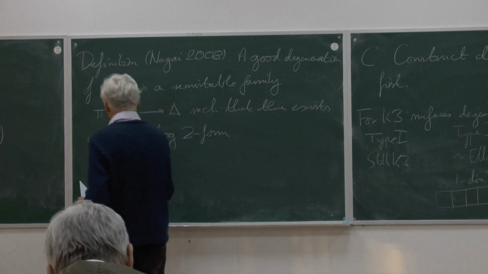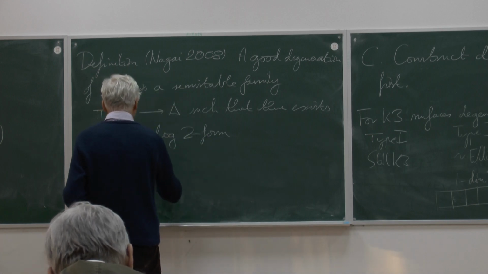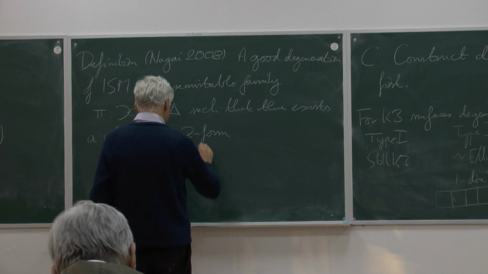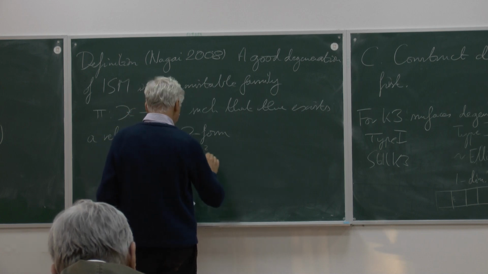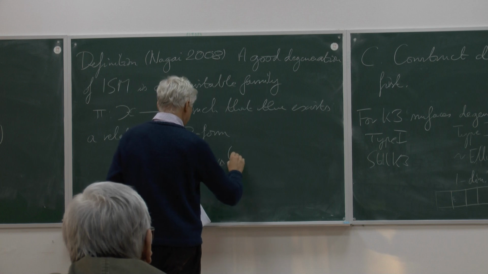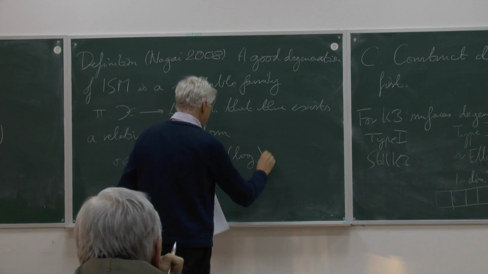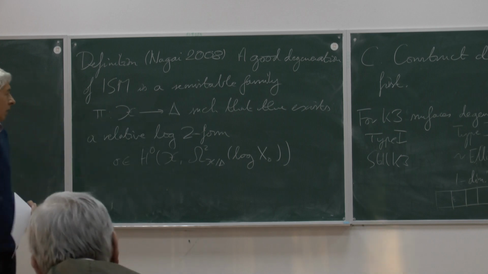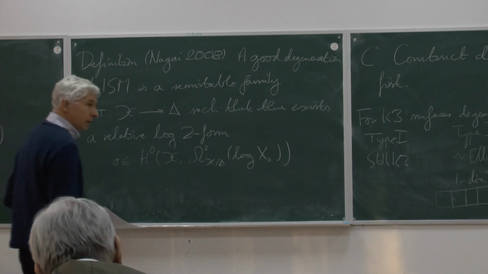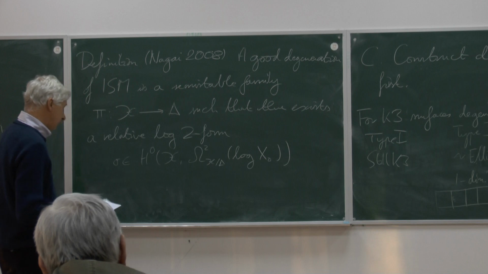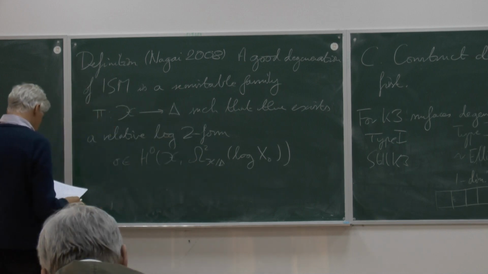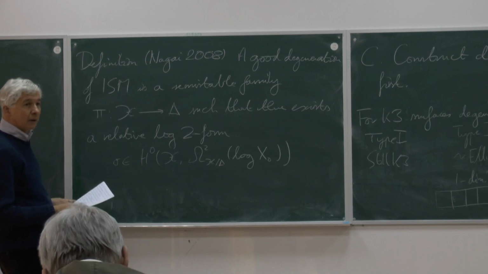So sigma is in H0 of X, and then it's the relative two-forms, potentially with poles where t is zero.